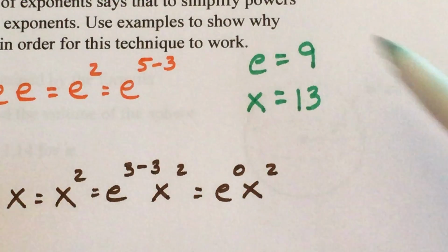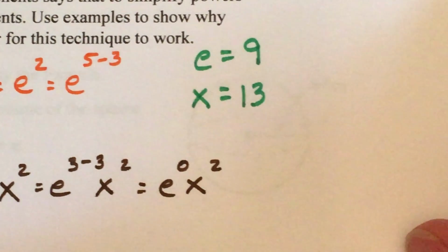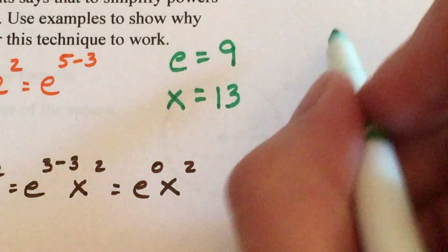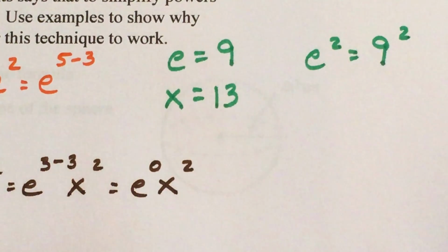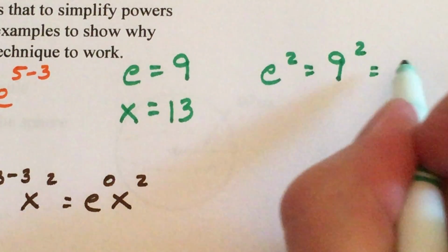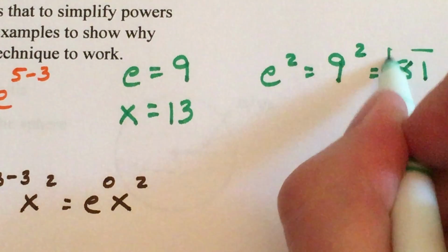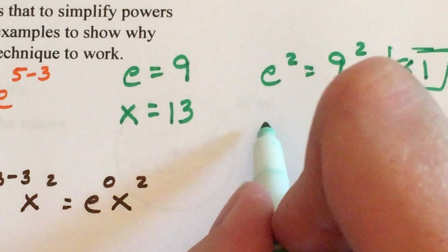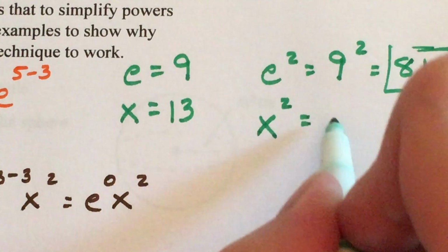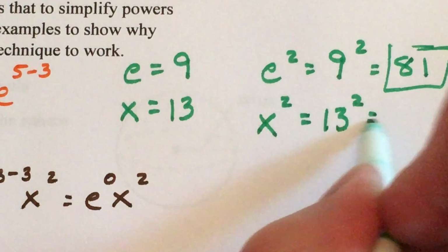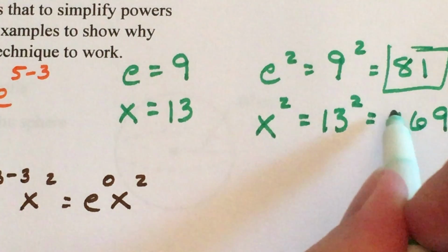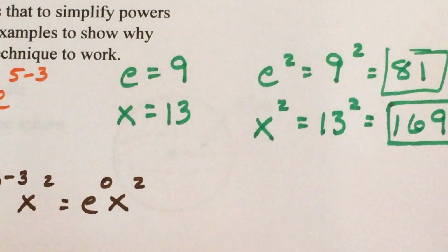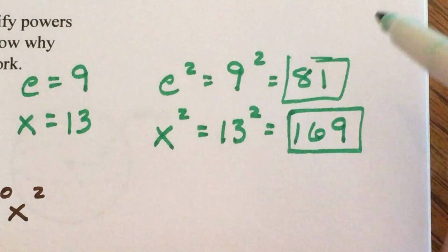So if I plug those values in now to see what is created, we had e squared. So that is 9 squared. 9 squared is 81. And we had x squared, which is 13 squared. That's not 81. That's 169. Not the same.